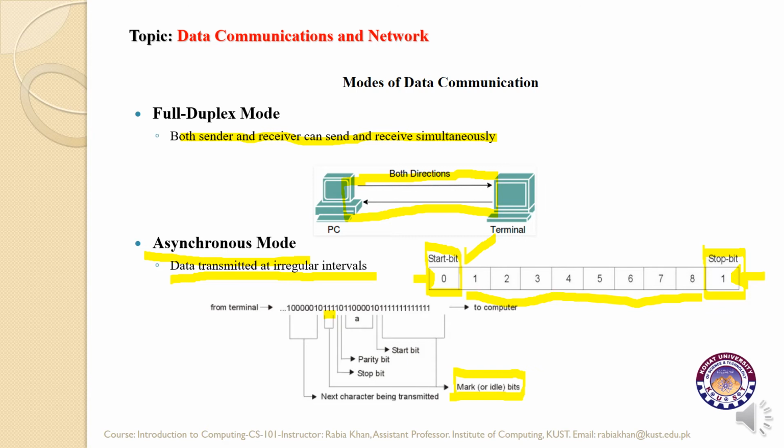Whenever a start bit is encountered, which is always a 0, that signals the receiver that some data is now being sent by the sender. And whenever it receives a binary 1, that means the data sending has been stopped. But if there is a sequence of ones, that means the data transmission has been paused.